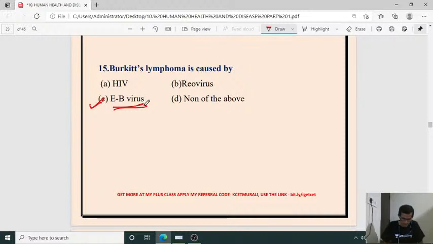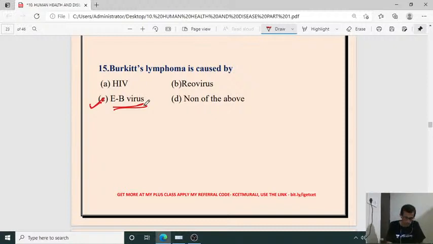Burkitt's lymphoma is a form of non-Hodgkin's lymphoma in which cancer starts in immune cells called B cells. So it is called EB virus.